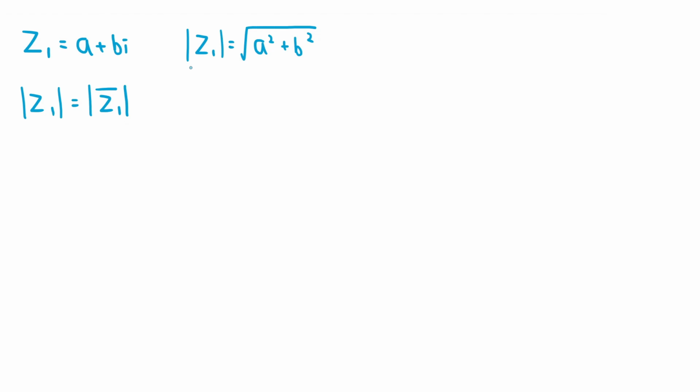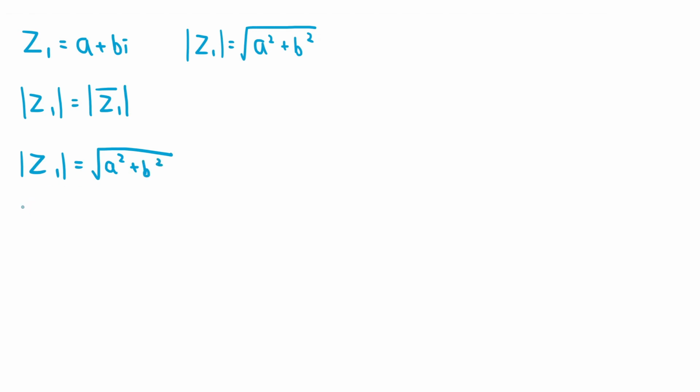And recall that the definition of the absolute value of a complex number is that the absolute value of z1 is equal to the square root of a squared plus b squared. So if we start with the absolute value of z1, that's just equal to the square root of a squared plus b squared.